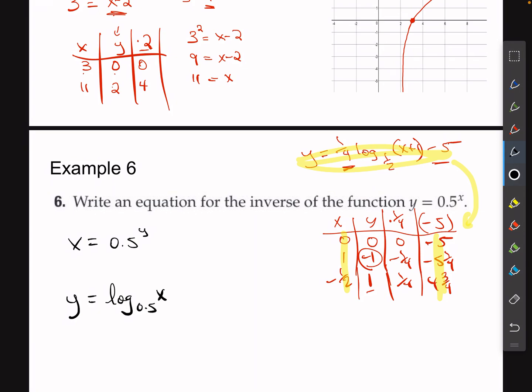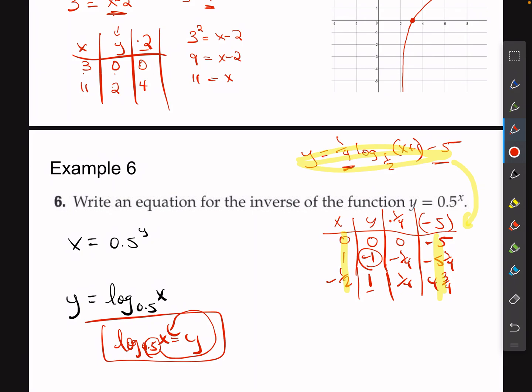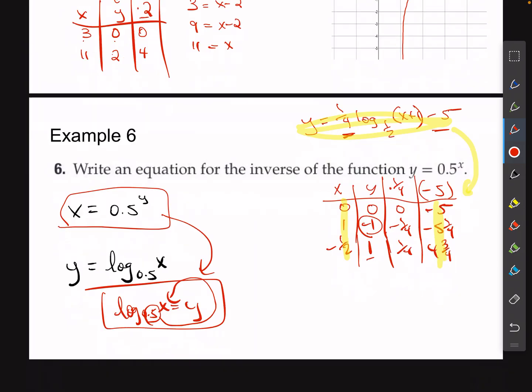But if you wanted to use the loop method, maybe you write it this way: log base 0.5 of x is equal to y. So you have this to this power is equal to this, and that works. So when I'm solving for y, you're going to want to use a logarithm to show that.